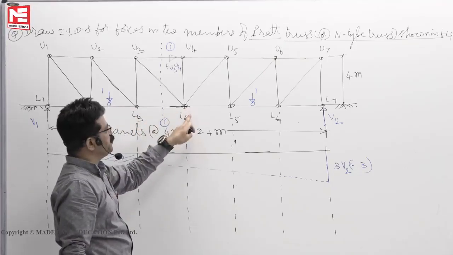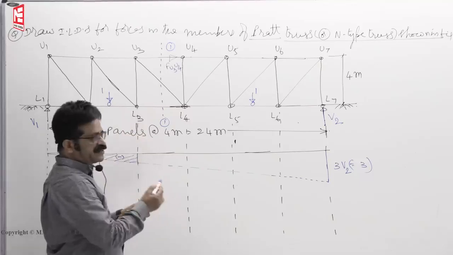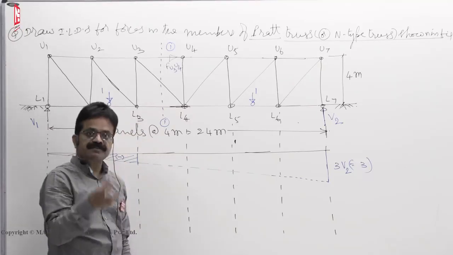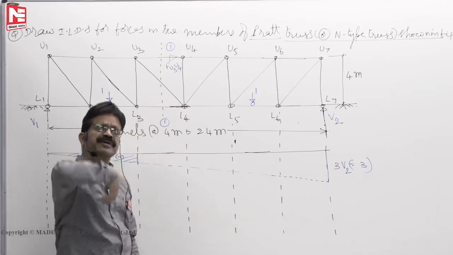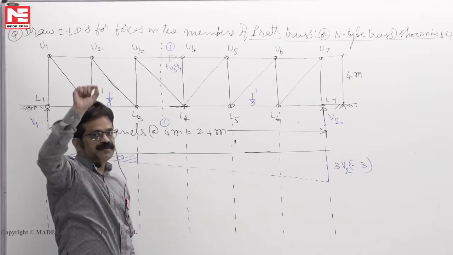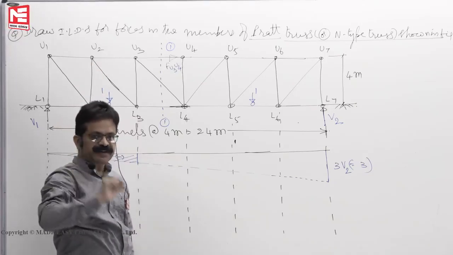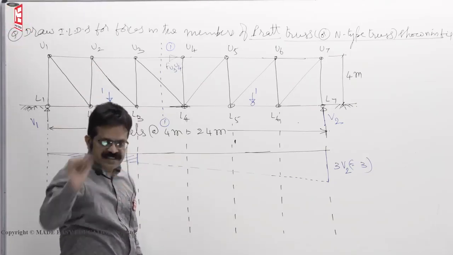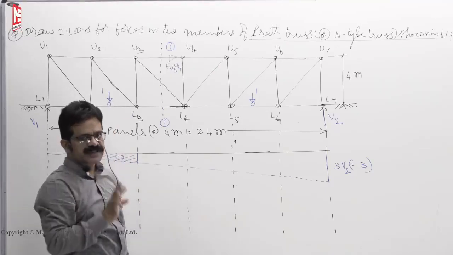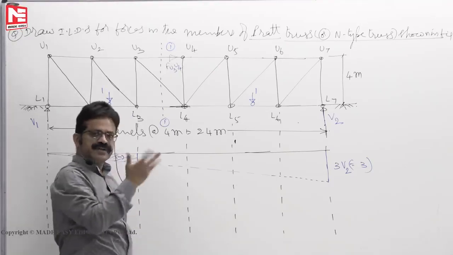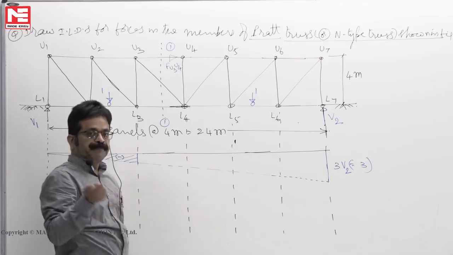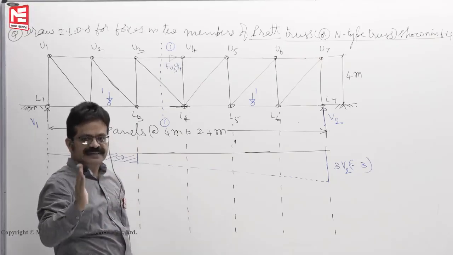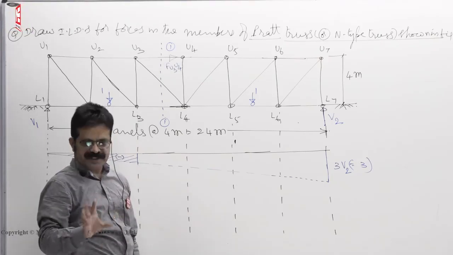Because again I can take moments about L4. Whatever side you take, as I told you in the equilibrium equations, moment center can be anywhere in air also. Because about that point in air, you are not calculating bending moment, simply the rotational effect of that force you are calculating. So you can take anywhere in air. But if you want to find bending moment at a section, there must be a beam. There must be someone to bend.